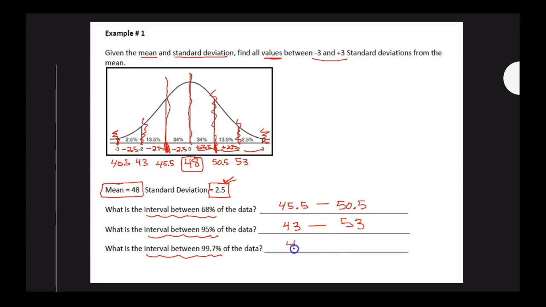And if we add another 2.5 here, we'll get up to 55.5. So if the mean was 48 and the standard deviation was 2.5, then 99.7% of the data is between 40.5 and 55.5.